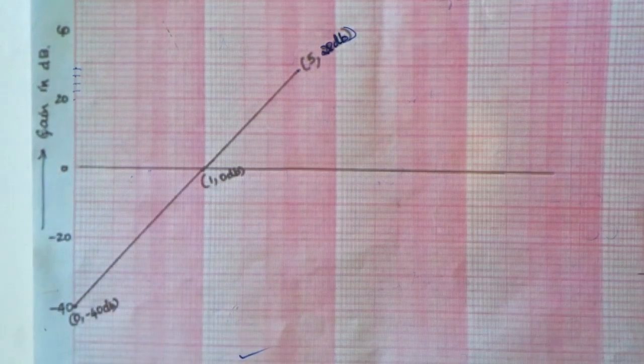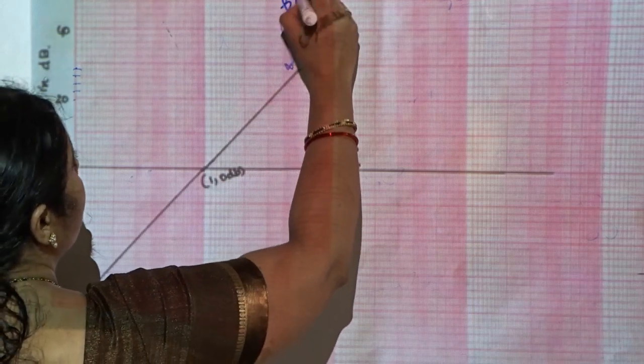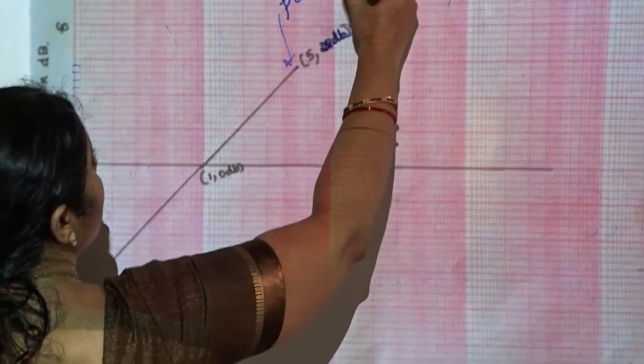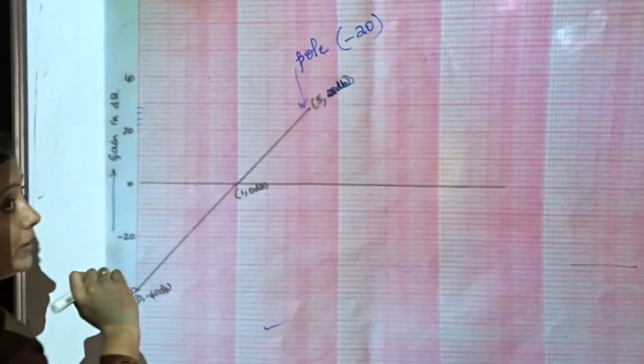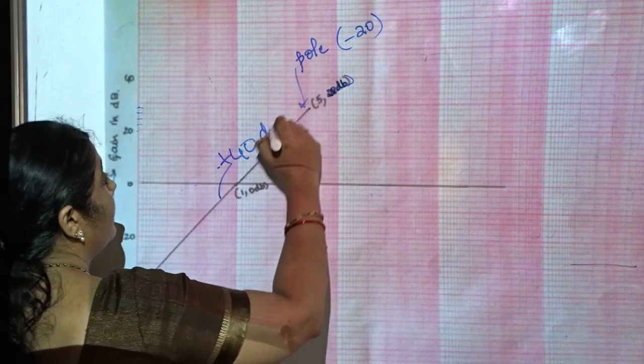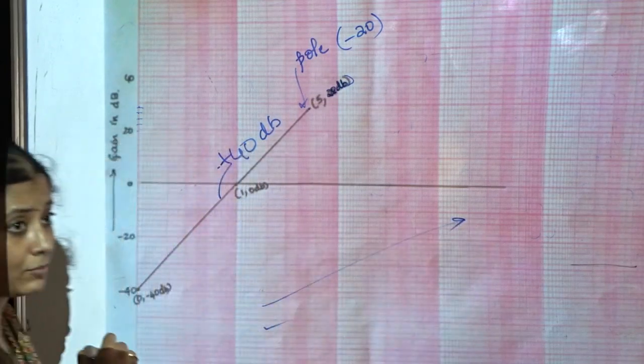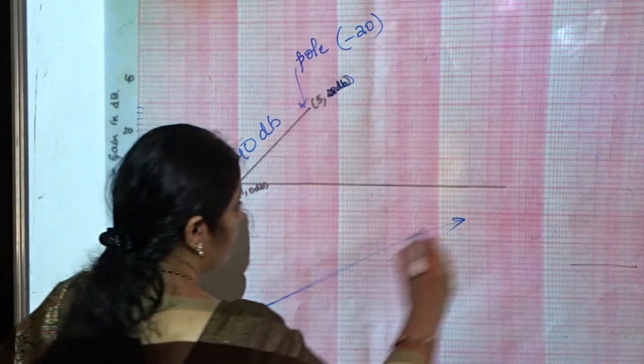At this point, we see there is a pole which is getting added. If a pole is getting added here, what is the slope? The slope given by this pole will be minus 20 dB per decade. This is going at plus 40 dB, and you are accelerating at some speed.